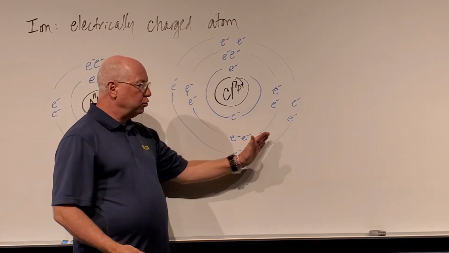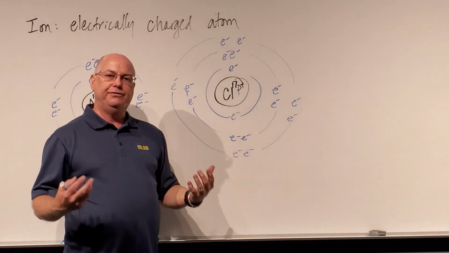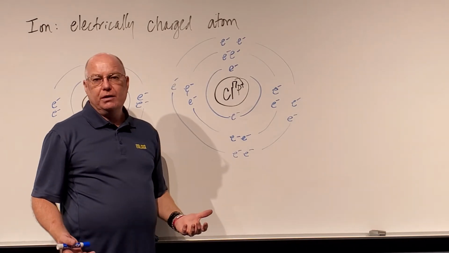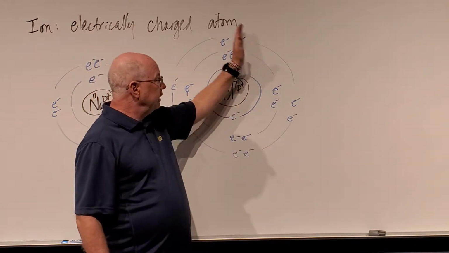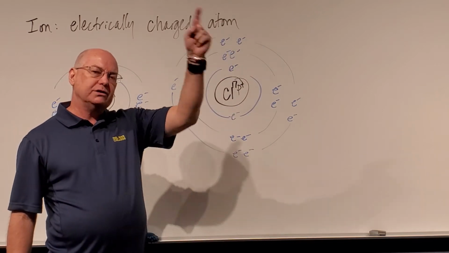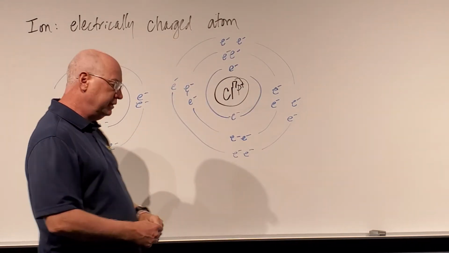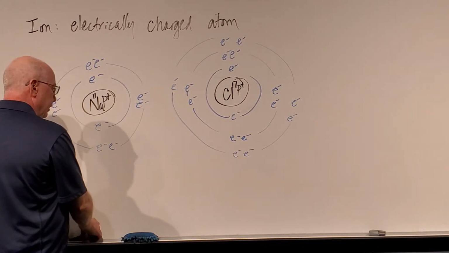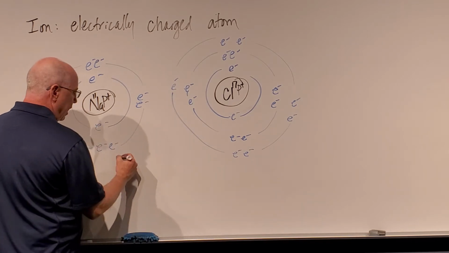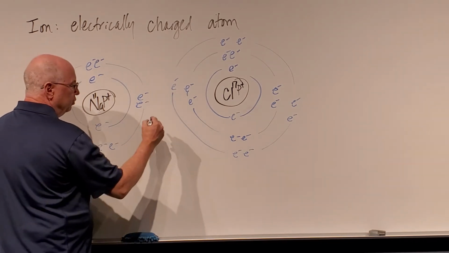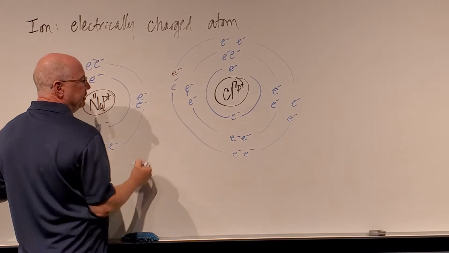Is the valence orbital, the outermost orbital, completely filled? And the answer is no. It could either lose 7 electrons or pick up 1 that's buzzing around the universe independent of its atom. And so sometimes what happens is one atom will give its electron to the other.